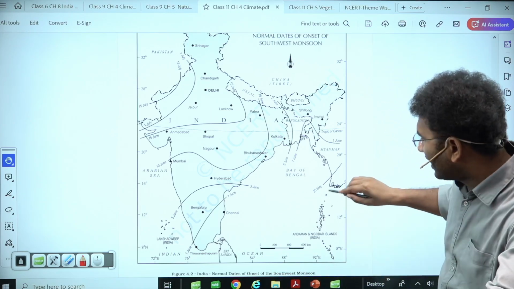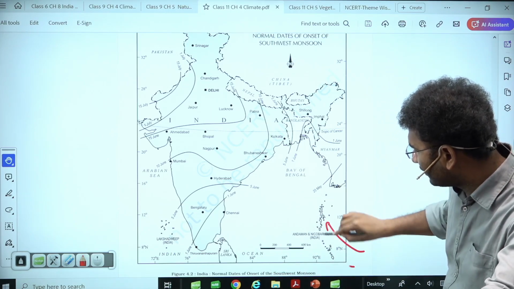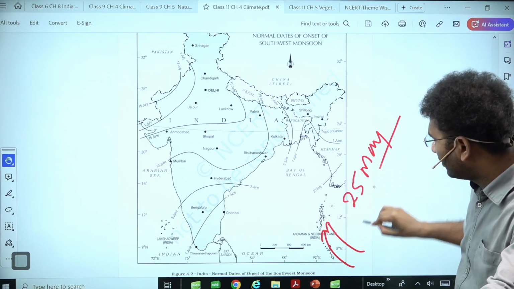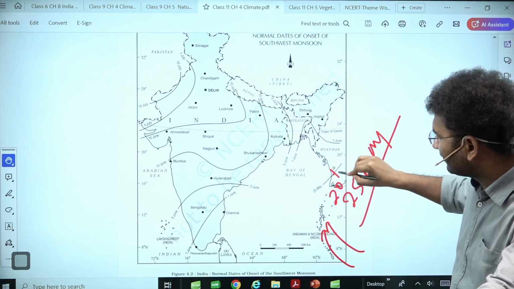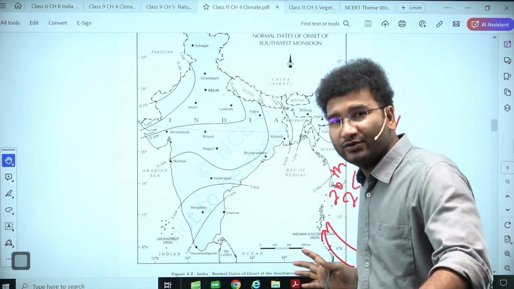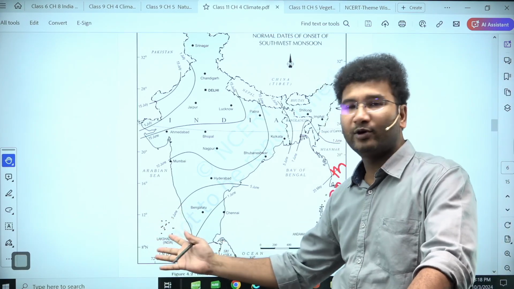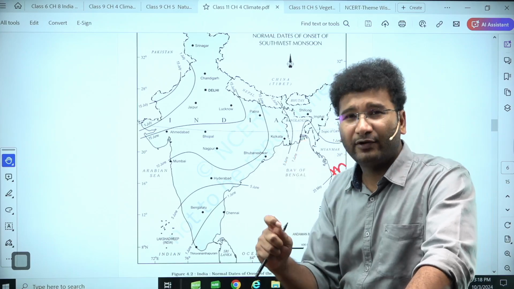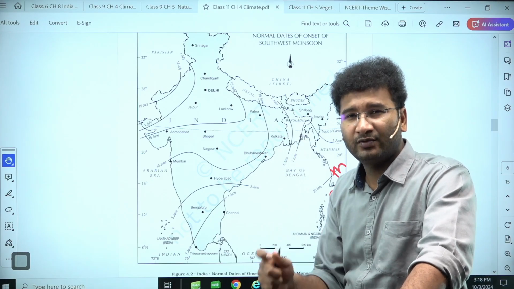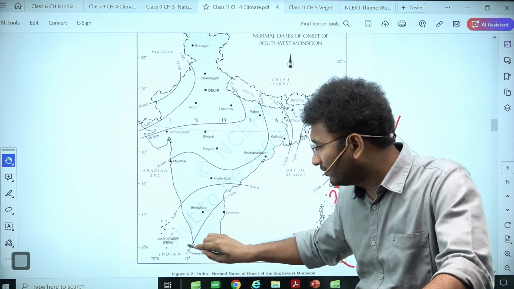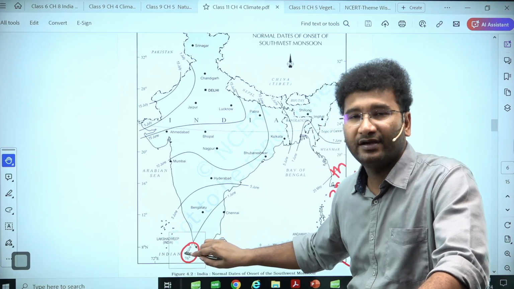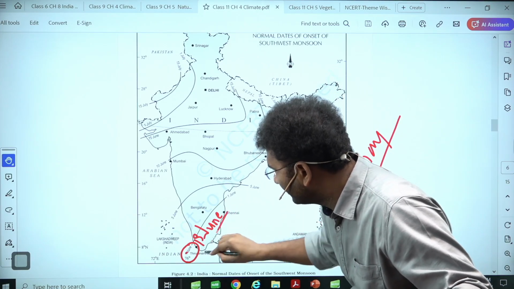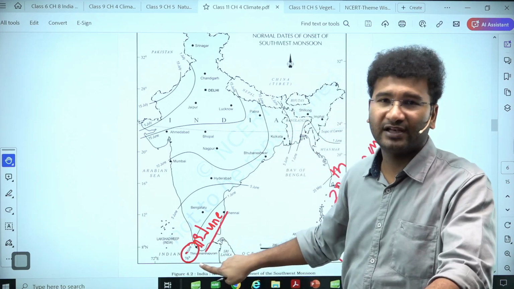See, your Andaman Nicobar receives its rainfall on 25th of May or 20th of May itself. Now for these winds to cross over and come onto India, it will take another 5 to 7 days. The first rainfall winds that come to India from the southwest monsoon will come on 1st of June, reaching the coastline of Kerala.